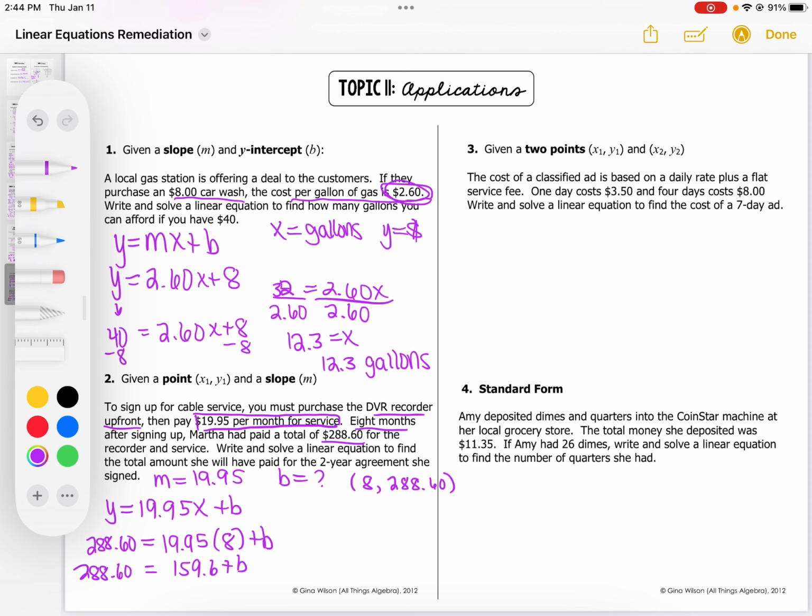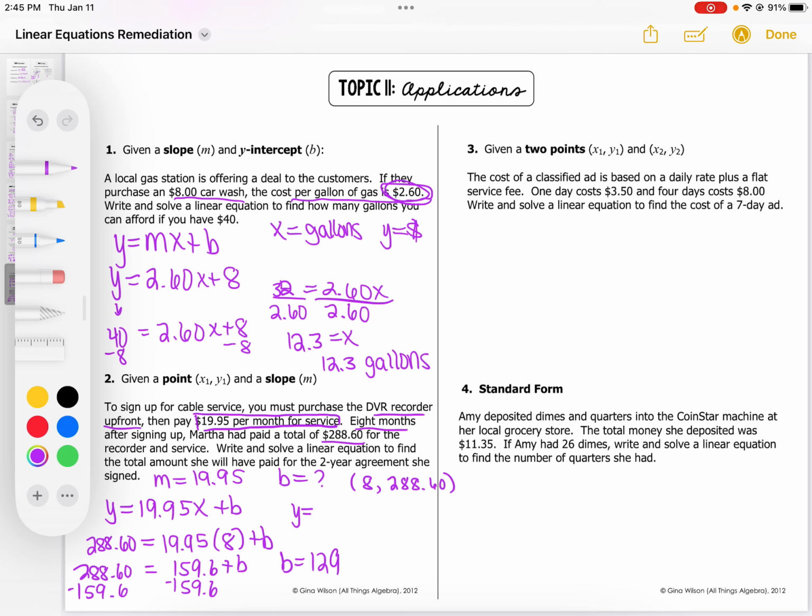So if I was solving this for B, which is our y-intercept, I would subtract 159.6 from both sides, and I'm going to get that B equals 129. That means that the DVR recorder, the upfront price that you have to pay, is $129.